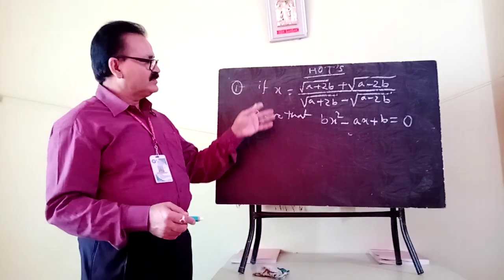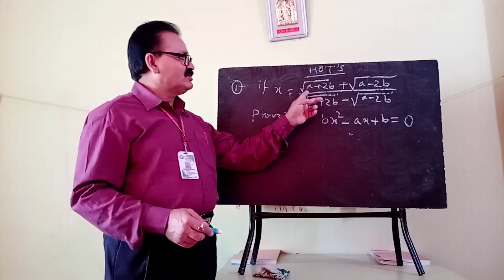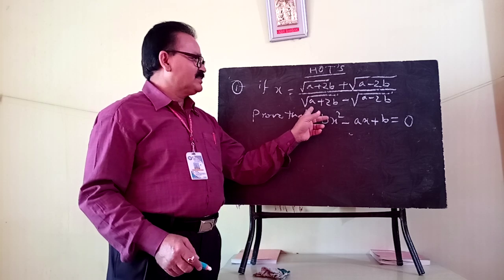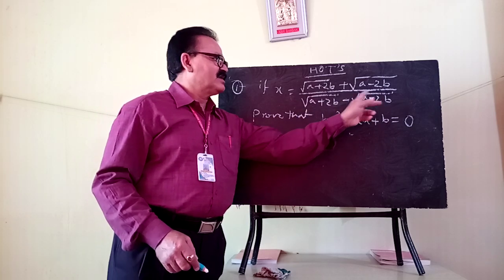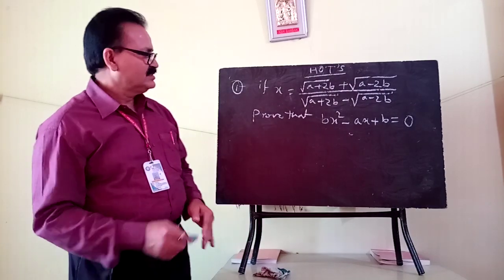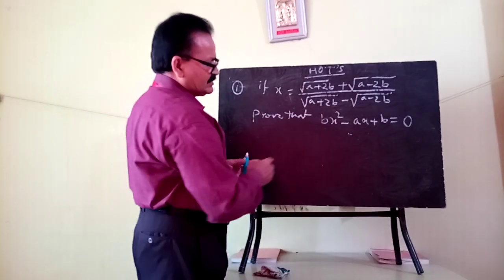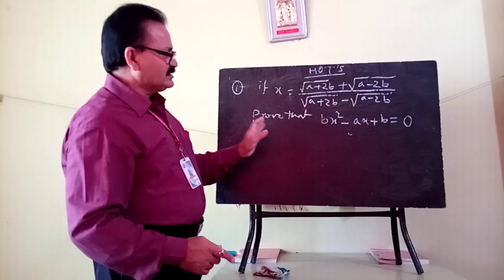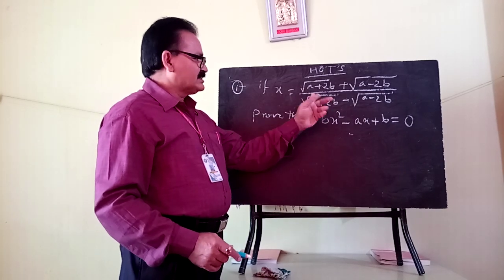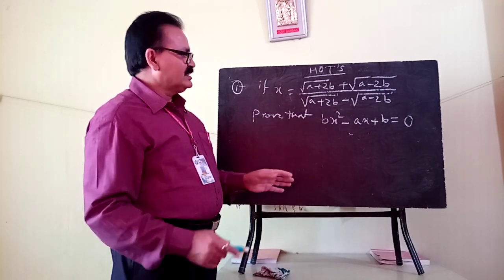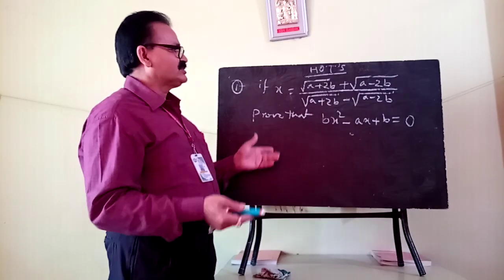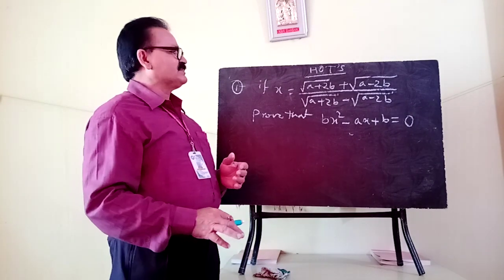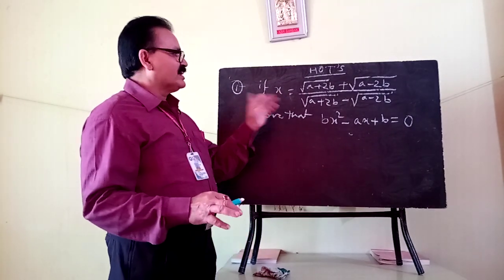The given part is x equals square root of a plus 2b plus square root of a minus 2b, and in the denominator square root of a plus 2b minus square root of a minus 2b. You have to find bx square minus ax plus b equals 0. So your first target is to find x square, since x is already given, and then b. Let us see how we will solve this. You have to apply the concepts I have already explained to you.